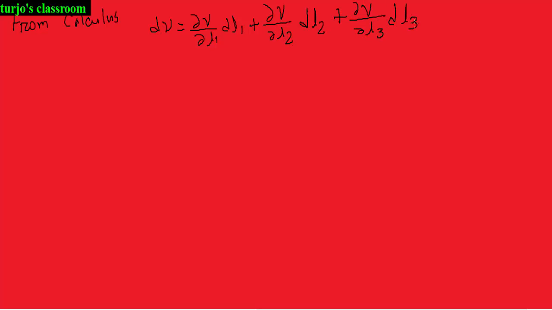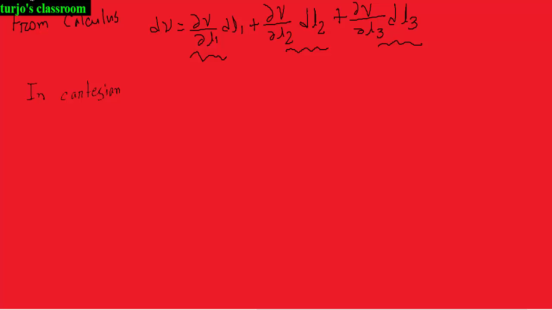Now from calculus we all know dV can be written in terms of the space coordinates of the coordinate system under consideration. So here L1, L2 and L3 are three space coordinates of the coordinate system under consideration.